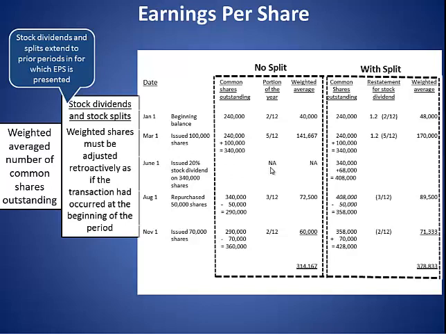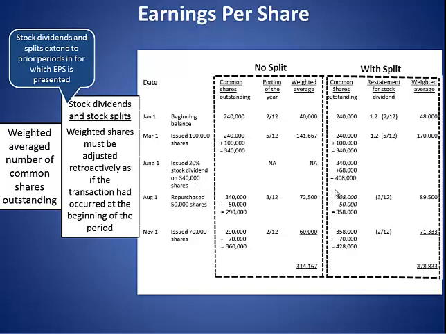But let's see what happens when we actually create the stock split. Again, we have 240,000 common shares outstanding, but on June 1st, we issued a 20% stock dividend on 340,000 shares.